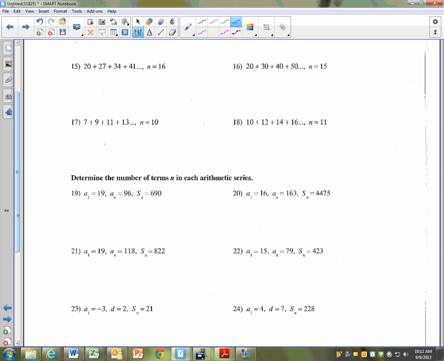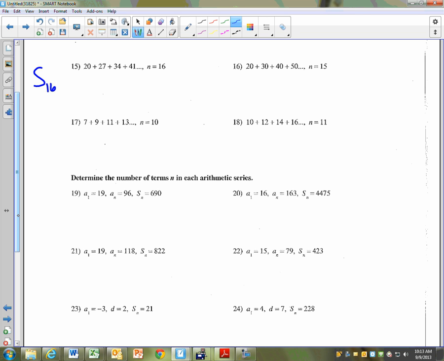What makes 15 more difficult? It looks like it keeps going. It does say that it stops. In fact, it says that we are looking for S sub 16. It doesn't tell you the 16th term. Very good. So now we've got to figure out how we will find the 16th term. Let's set up our sum first.